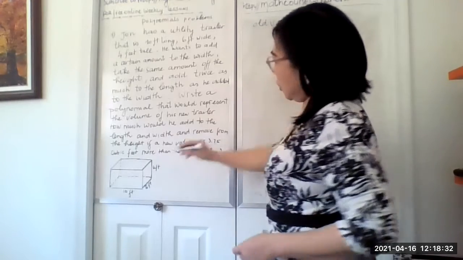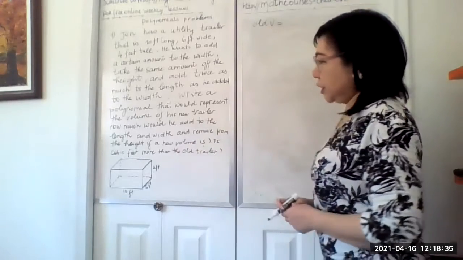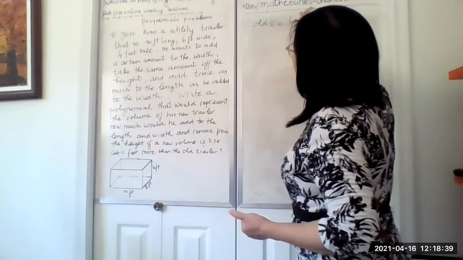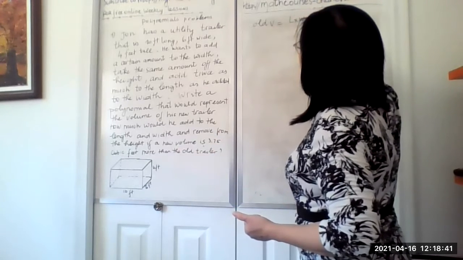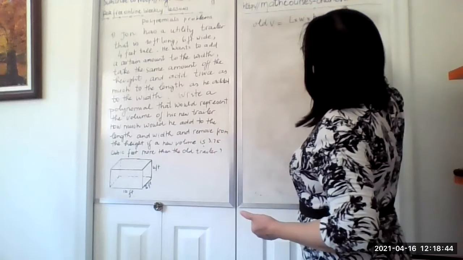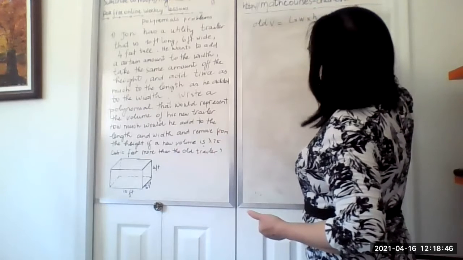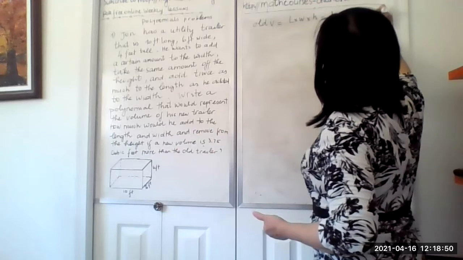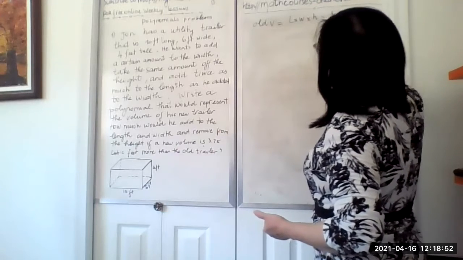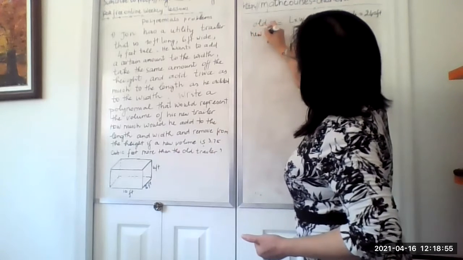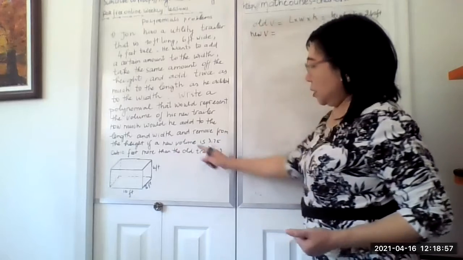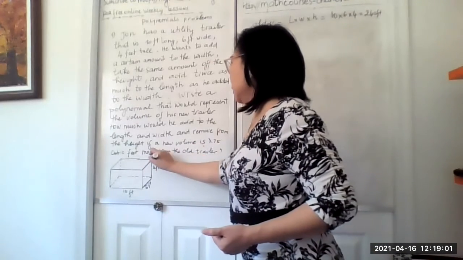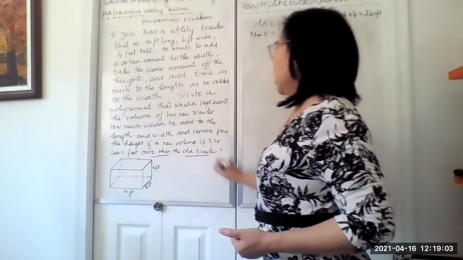The old volume of the trailer is just a rectangular prism, which is length times width times height, which is equal to 10 times 6 times 4, which is equal to 240 cubic feet. Now the new volume is 3.75 cubic feet more than the old trailer.